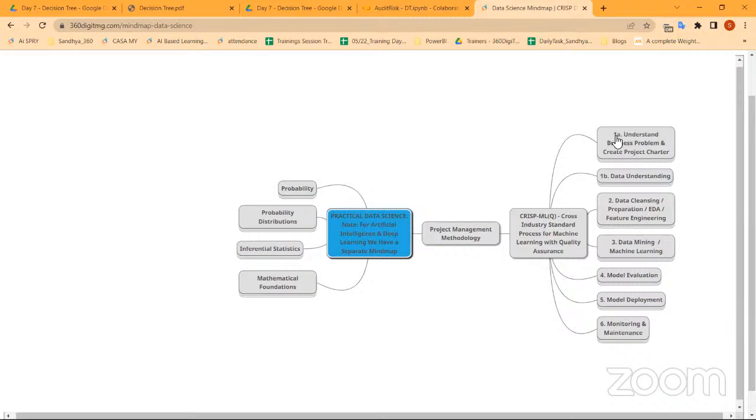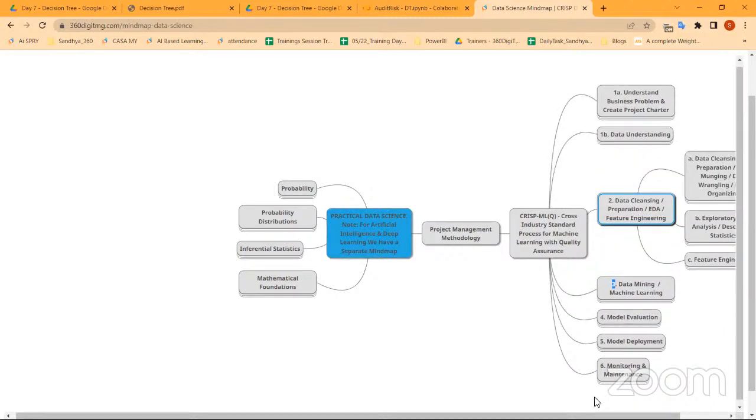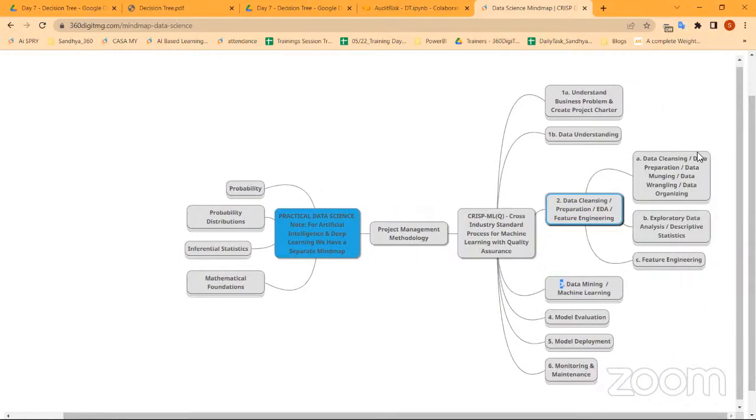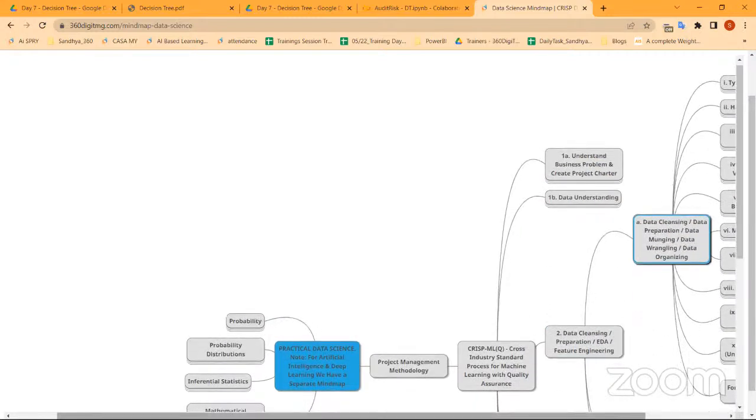So we have understanding the business problem, data understanding, and we do have data cleaning and data preparation. Try to double click on that, friends, and then you will be able to see various things like feature engineering, EDA, and data cleaning. So when we are talking about missing values etc., it is all about data cleaning. So try to expand it.